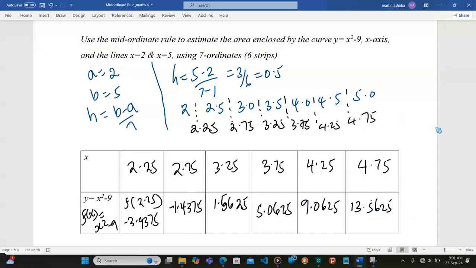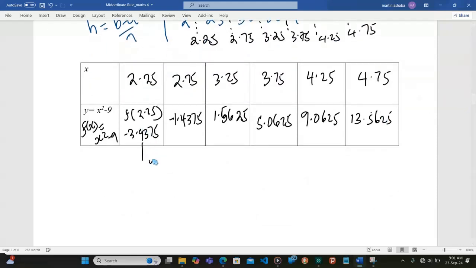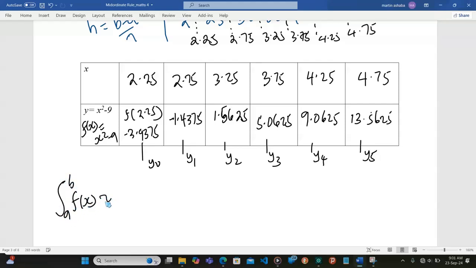Once I'm through getting these points, remember these are my y0, y1, y2, y3, y4, and y5. From the mid-ordinate rule formula, the integral from a to b of f of x is approximately equal to h times y0 plus y1 plus y2 plus up to yn.